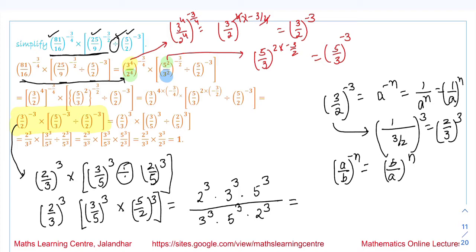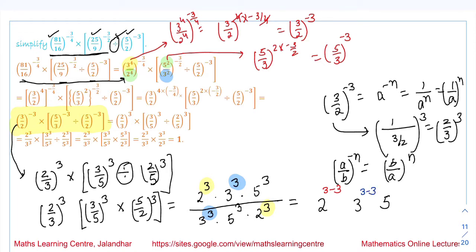So the final answer we are writing over here is in the powers of 2, 3 and 5. The powers of 2 we have are 3 and 3, so we write 3 minus 3. The powers of 3 we have are 3 and 3, so we write 3 minus 3.